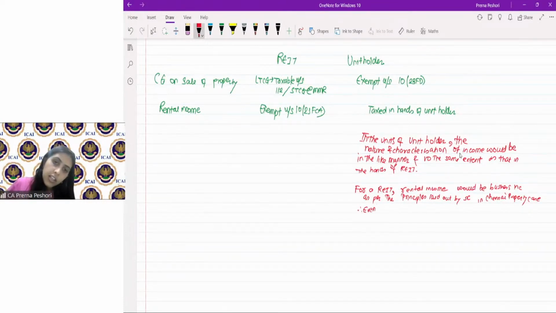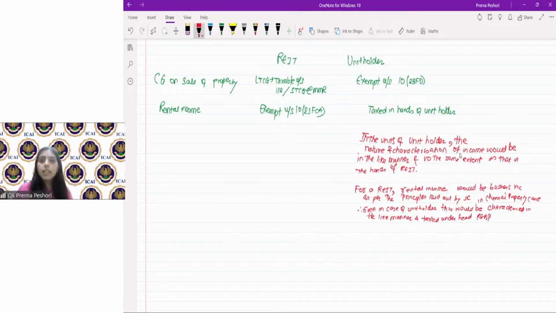Therefore, even in case of the unit holder, this would be characterized in the like manner and taxed under the head PGBP.